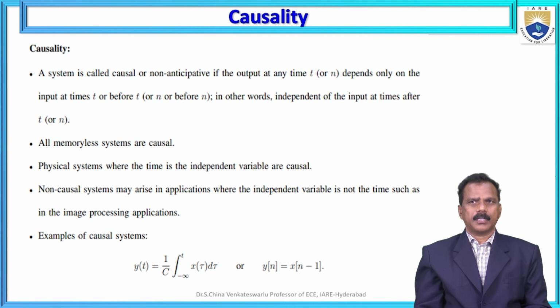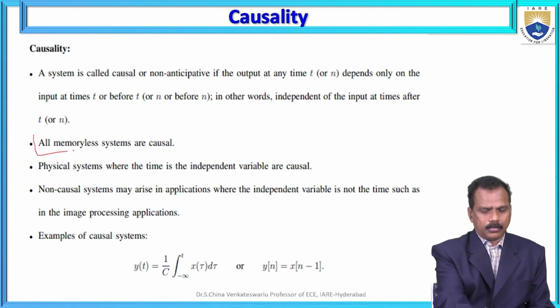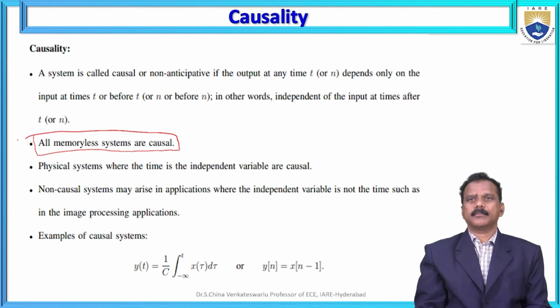In other words, it is independent of the input at times after t or n. So all memoryless systems are causal systems. It is a valid point. All memoryless systems are causal, or non-anticipative, systems.